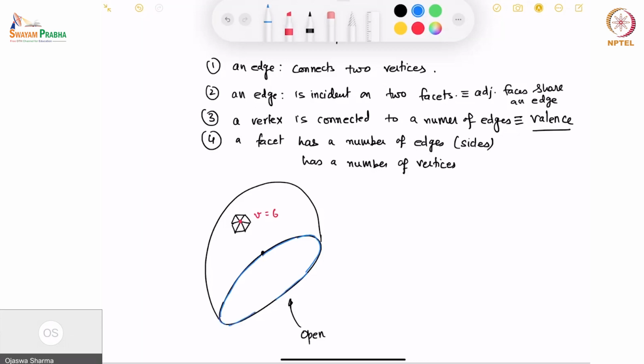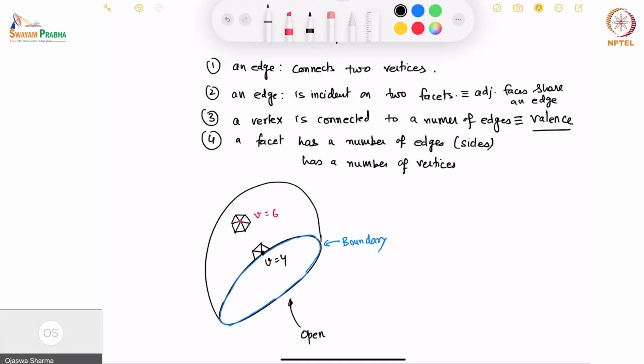Remember, in a closed mesh you will not find a boundary. So that's the boundary. If we draw the triangles, a regular vertex is known as a vertex that has a valence of 4 on the boundary.